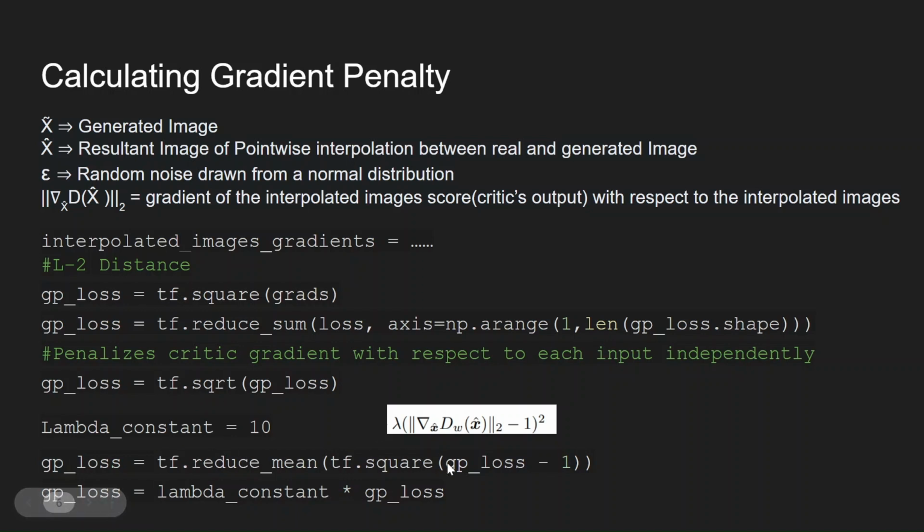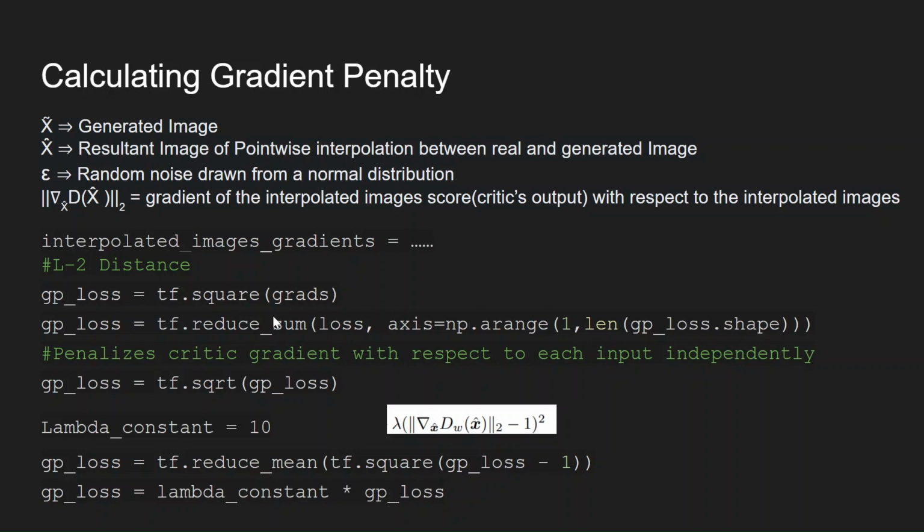So all I need to do is to subtract 1 from this GP loss, then square it, then find the reduced mean, because now I am going to use this as a loss, and then multiply this lambda term with this GP loss. So this is how we are going to calculate this gradient penalty term.